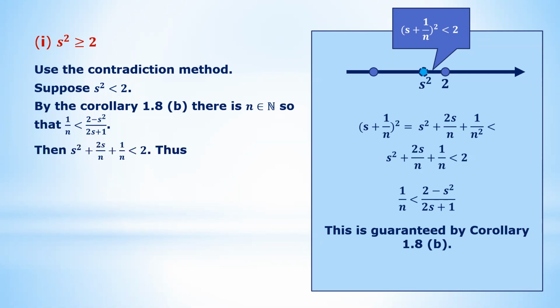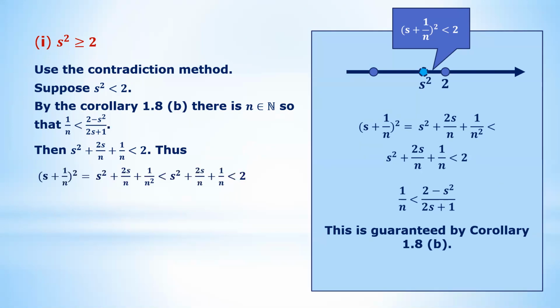Going backwards, this inequality will imply that s squared plus 2s over n plus 1 over n is less than 2. That's just a manipulation of the previous inequality. You get this one based on our computation on the scratch paper.